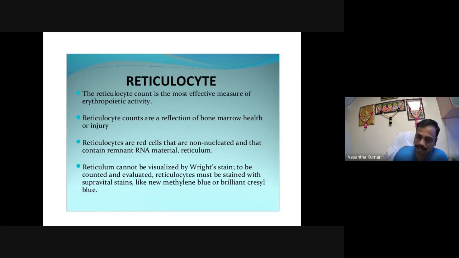Suppose there is hemolysis, what will happen? The body will try to compensate by producing excess RBCs, so the reticulocyte count will be high. If the reticulocyte count is high, it means there is hemolysis or blood loss. If the reticulocyte count is less, that means the production itself is diminished or hampered.